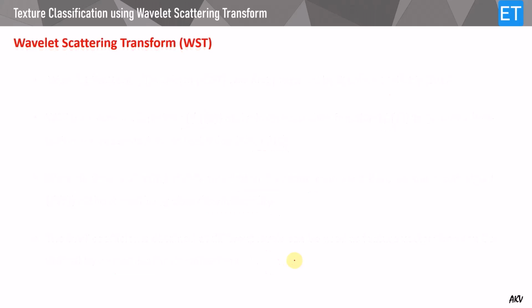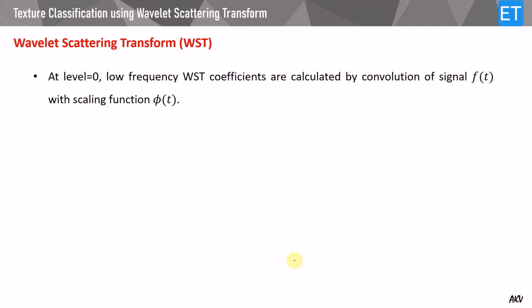Now let me show you the basic theory of how we find these scattering coefficients. At level 0, the low frequency wavelet scattering transform coefficients are simply found by the convolution of your signal f(t) with a scaling function phi t. This is shown by this equation.